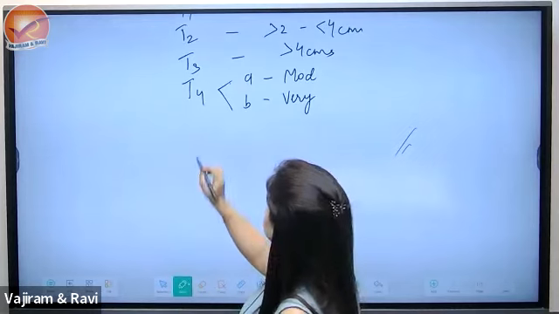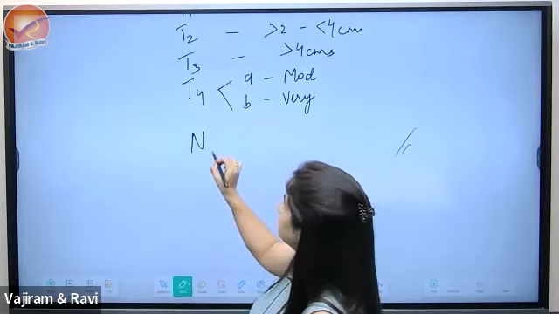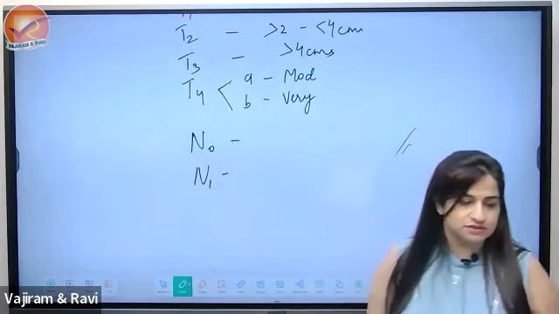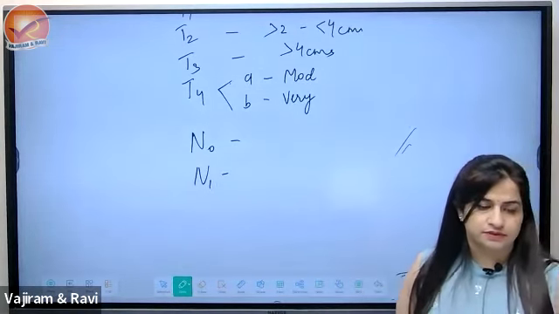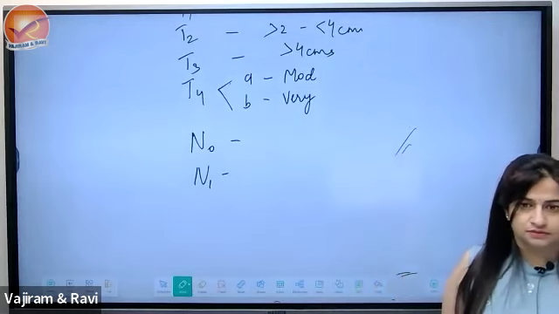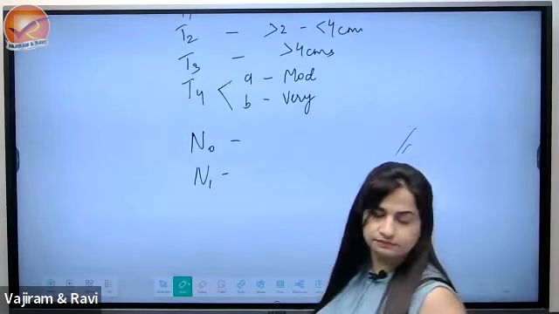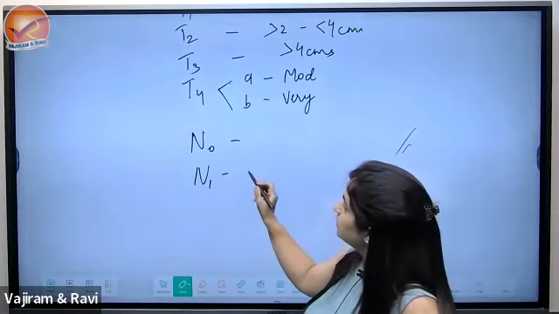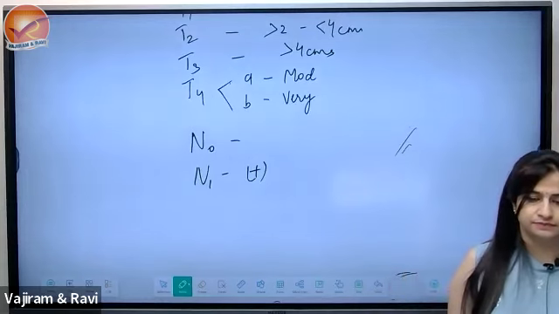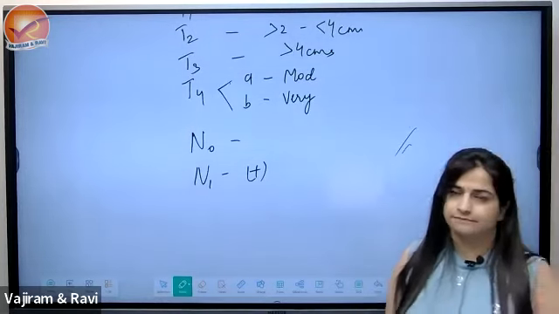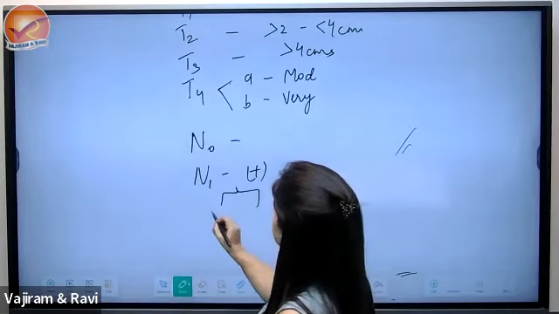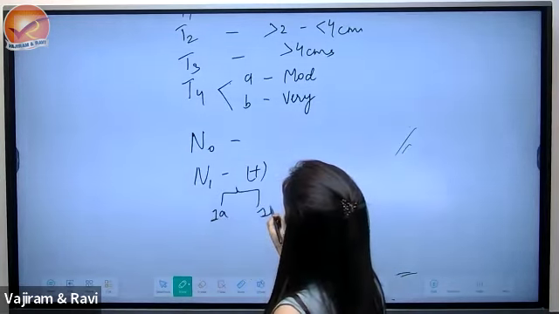Next we go to the nodals. N0 means no regional lymph node metastasis, and regional lymph node metastasis is present in N1. Now N1 is further of two types, 1A and 1B.